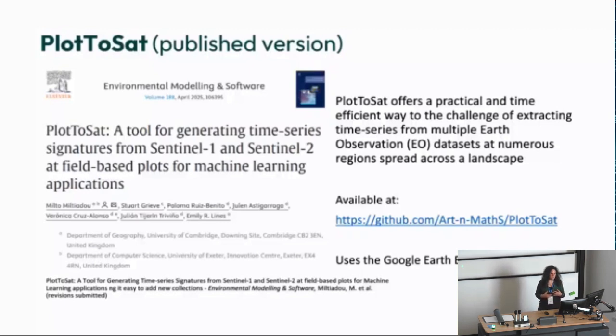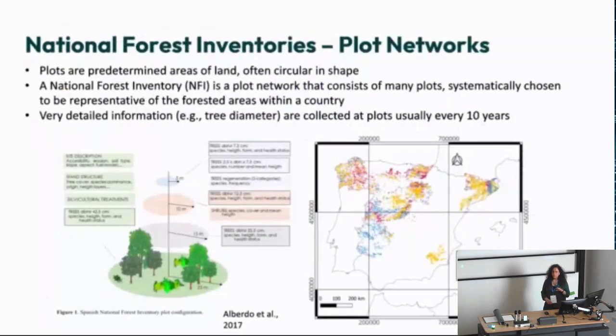So Plot2Sat is a new tool that solves the problem of extracting an Earth observation time series from multiple regions. This is very useful when we're working with plot data, because plot data are very small regions spread around a landscape to represent, for example, an ecosystem.